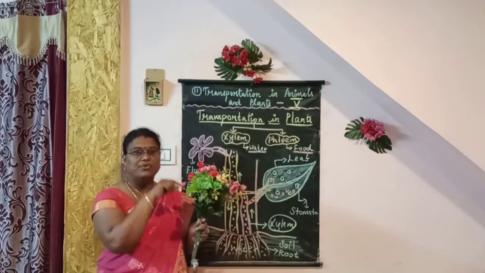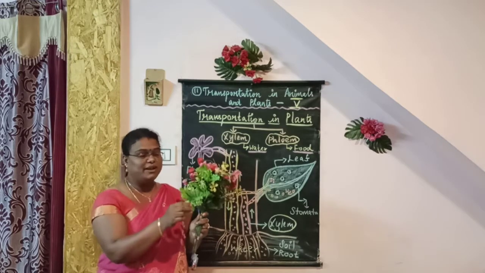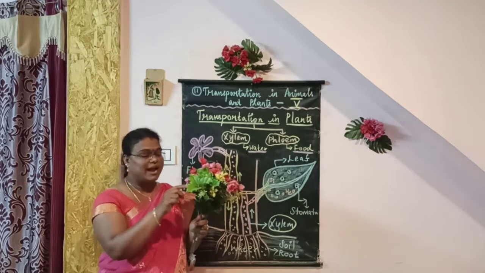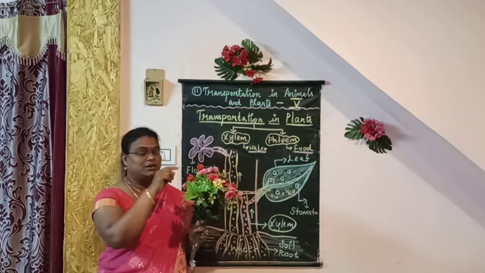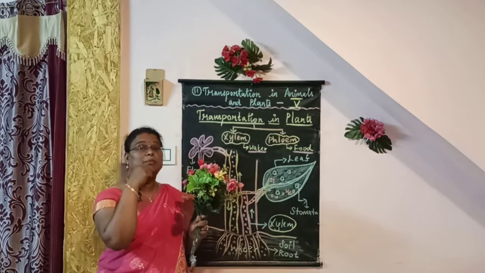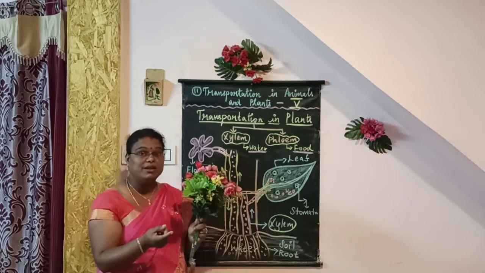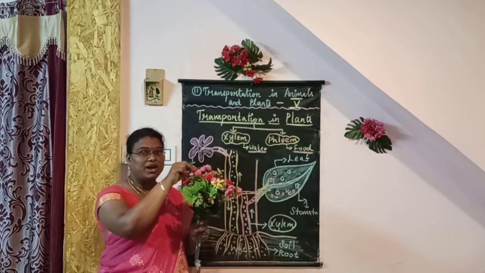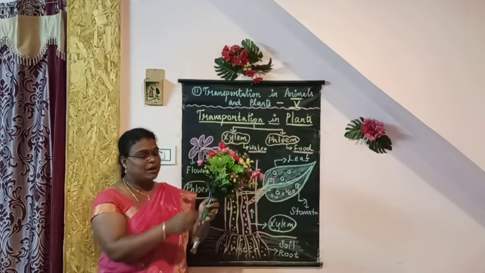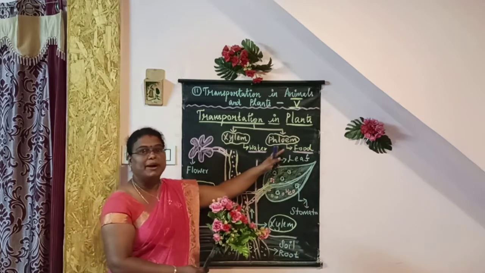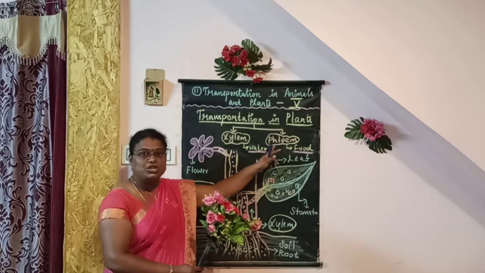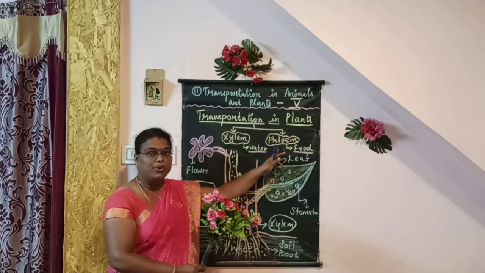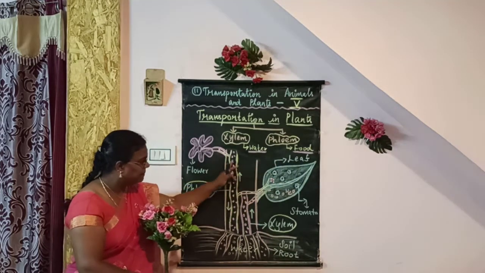So they need food. The food is prepared in the green leaves by the process called photosynthesis, and the product of photosynthesis, the food material, is transported from the leaf to the flowers and the root by the tube-like structure, or conducting vessel, called phloem. See here, this is phloem.